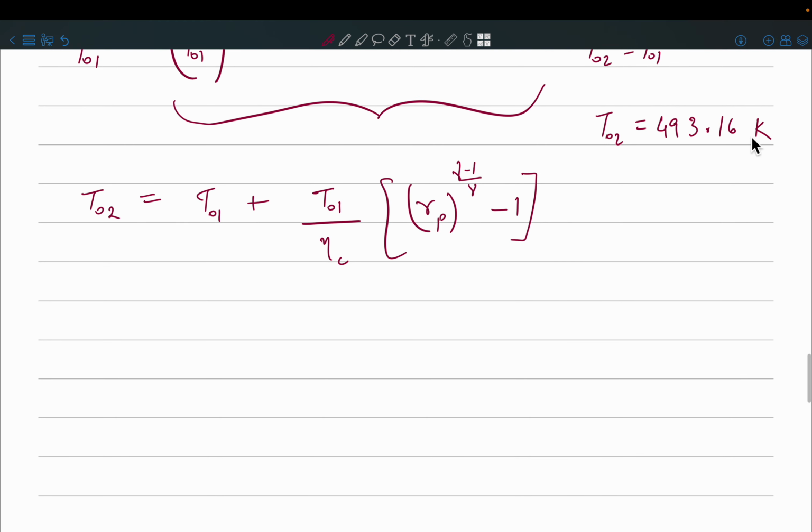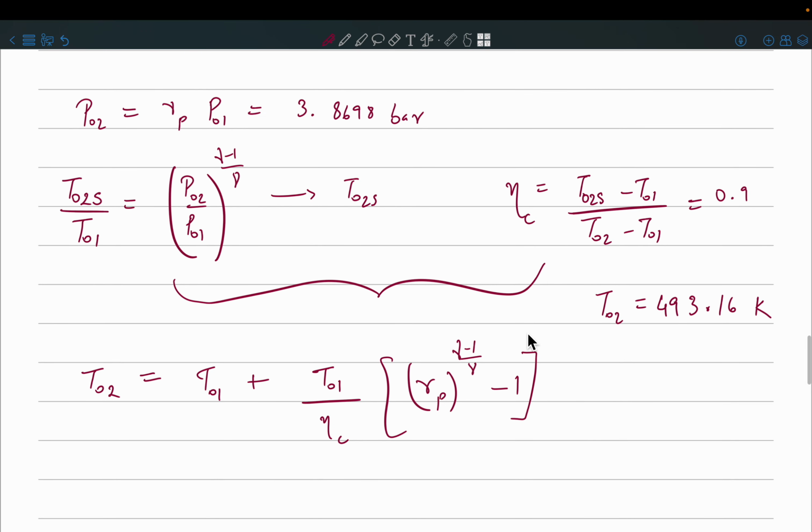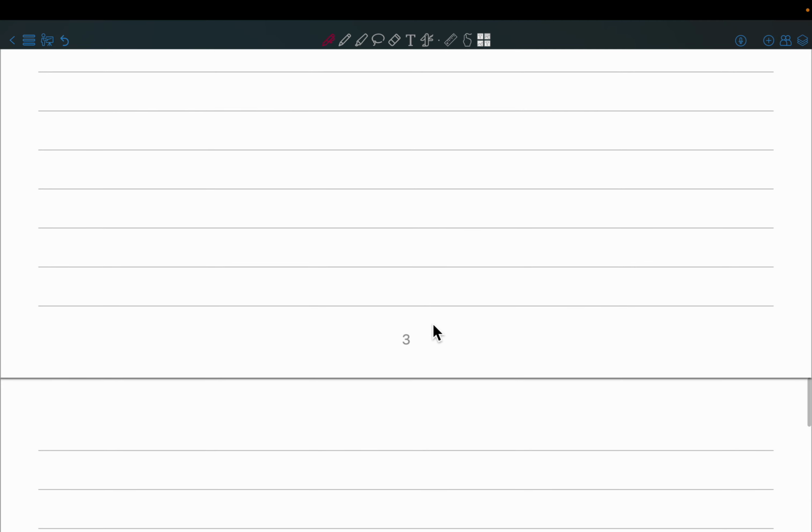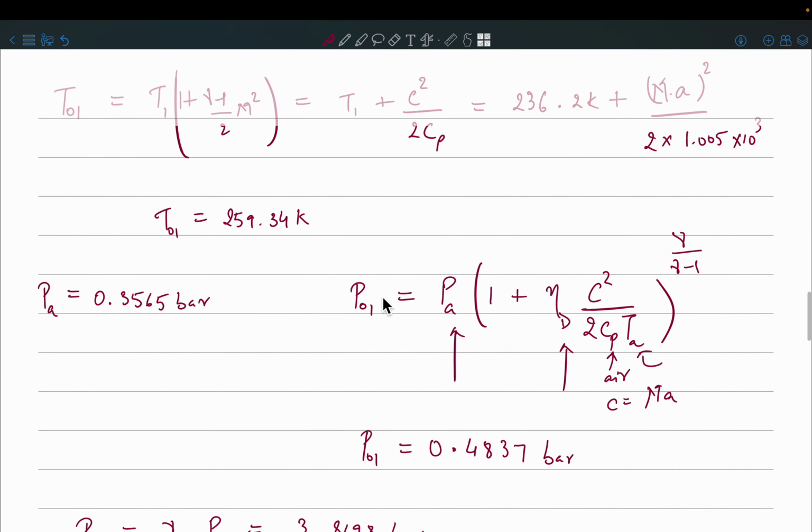Okay, yeah, so I wanted the value of T02. Okay, so what T02s you were getting as 470 approximately. Okay, fine. Okay, then the next thing we can do is we can calculate for the turbine.